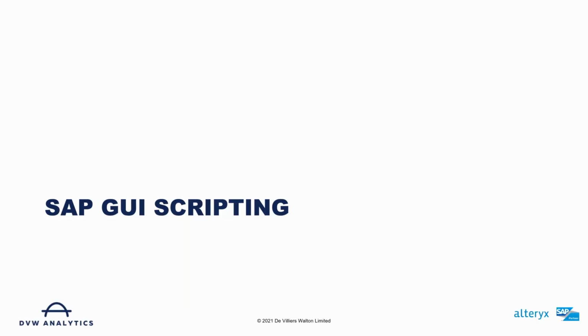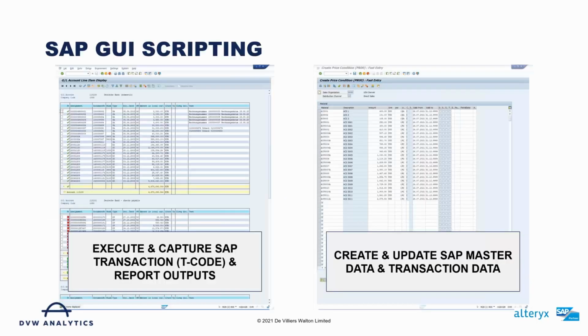Right, so let's take a short look at GUI scripting. If I'm doing GUI and if I can record it via scripting GUI, then I can automate it, right? So a couple of scenarios that you would want to consider. One would be the execution and capture of the outputs from SAP transactions that deliver a report-like output.